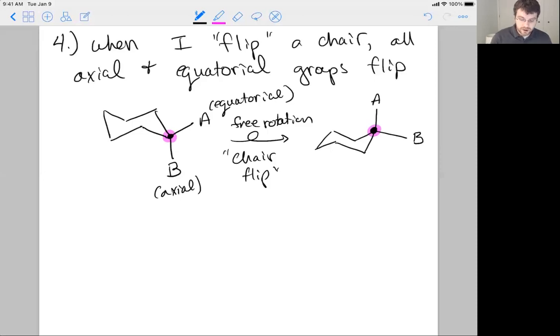It's just that now, after the chair flip, A has flipped to axial, B has flipped to equatorial. So again, I'm doing a lot in this point, but all I want to do is start the conversation about the chair flipping of conformational isomers, where the chairs not only flip into a separate version, but the equatorial and the axial positions also flip.